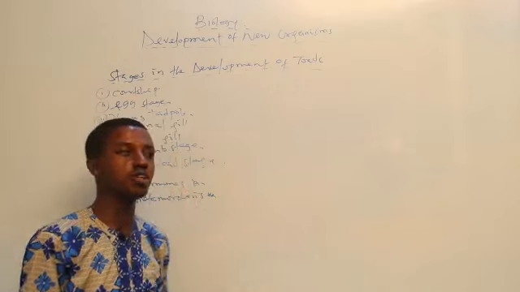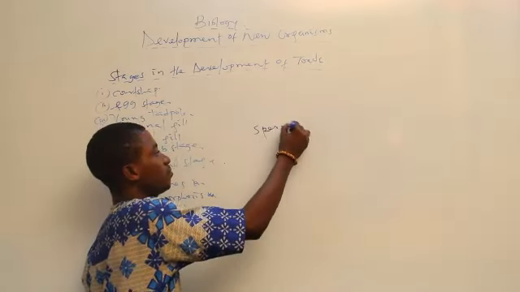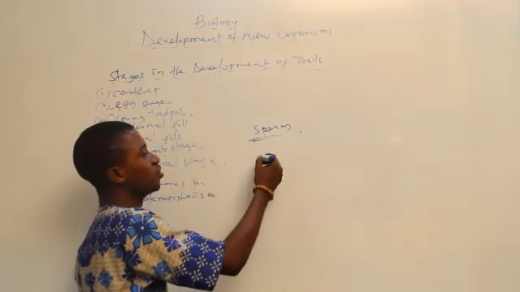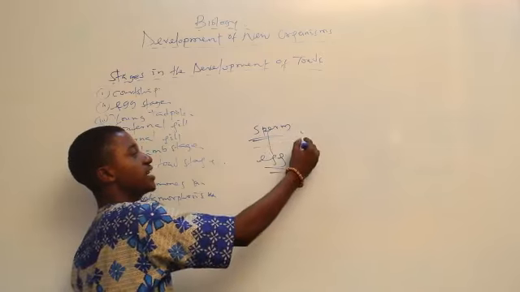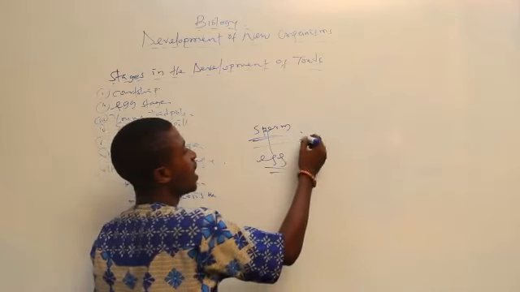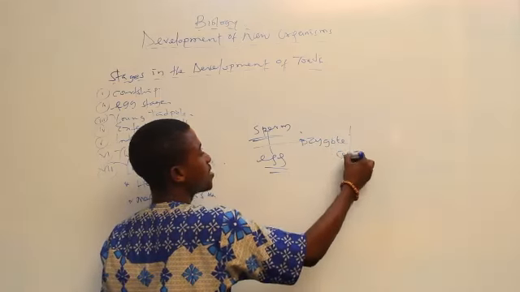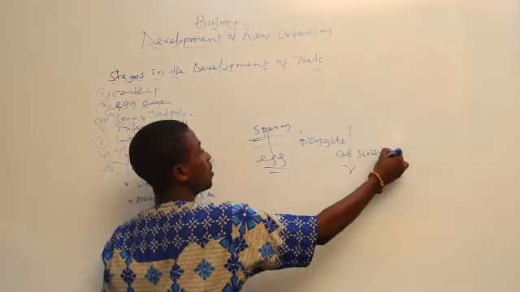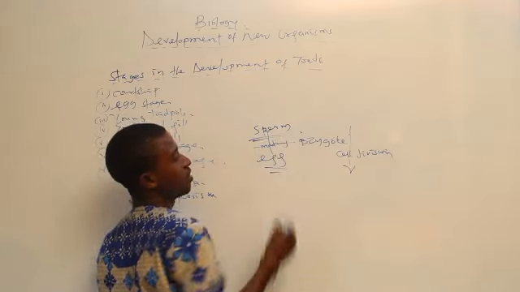Before now, I would need you to understand that the male organism produces sperm, the female organism produces egg or ova. These two will fuse together and they will form what we call the zygote. This is mating, fertilization.